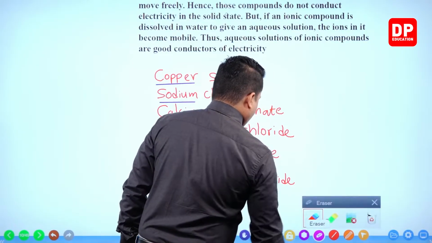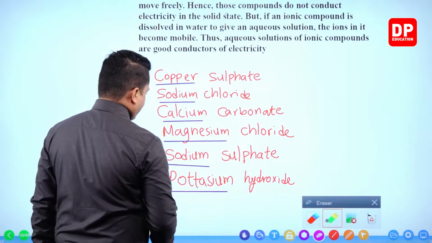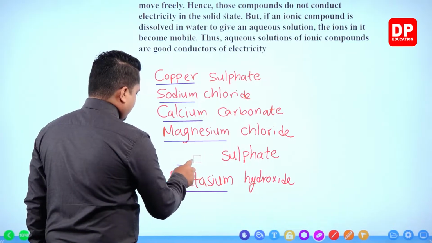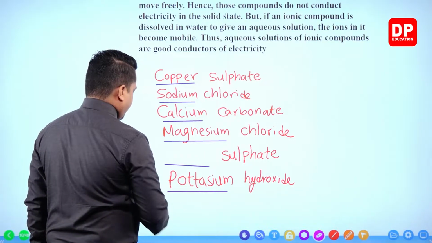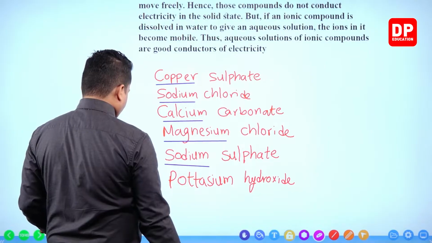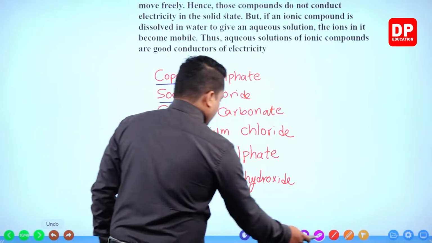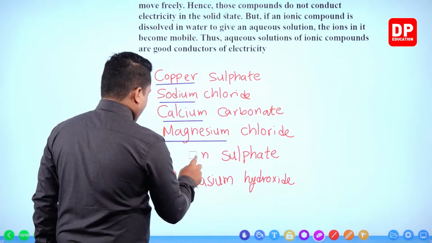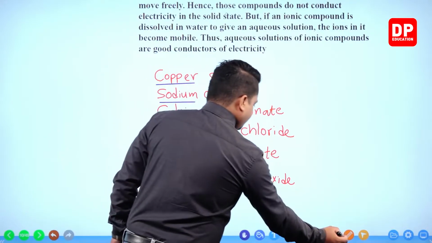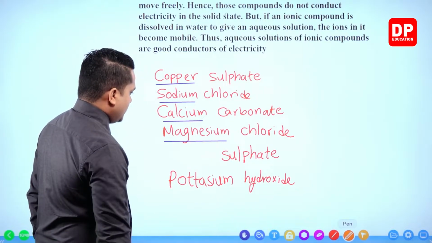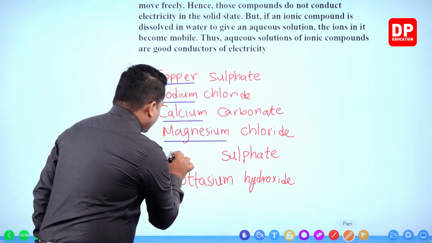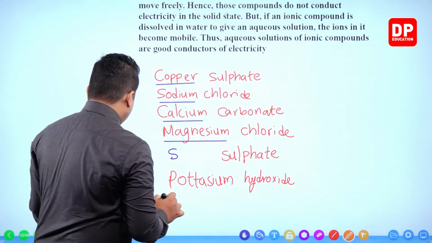We'll use a different one over here. Sodium is already there now. Let's take a different one. Let's take silver sulfate.